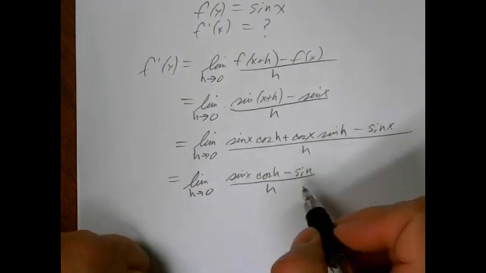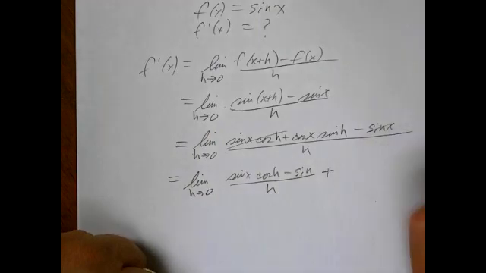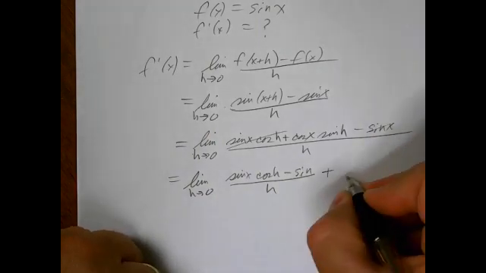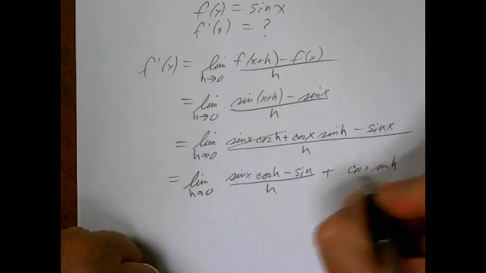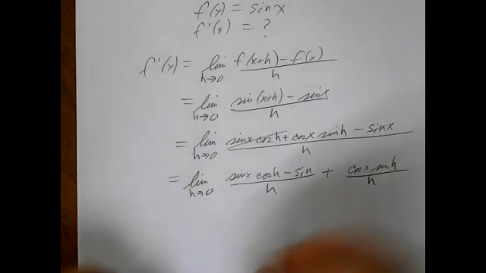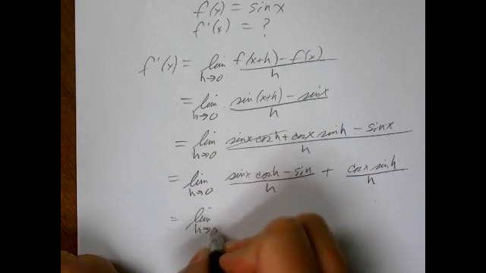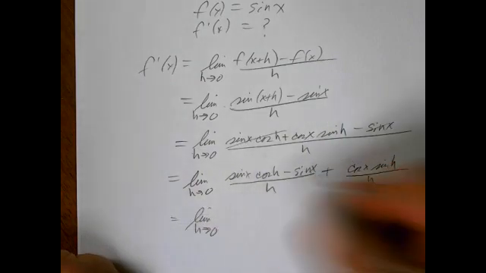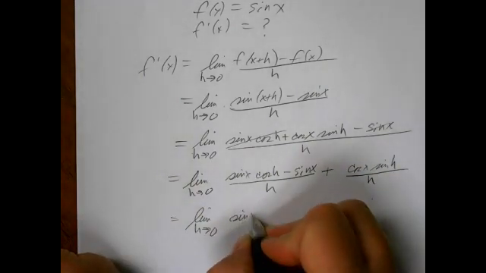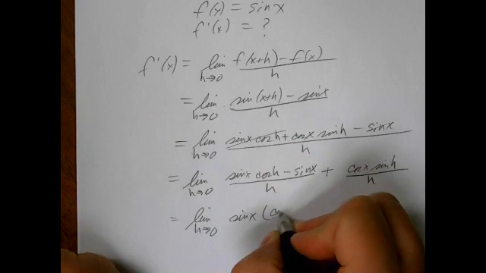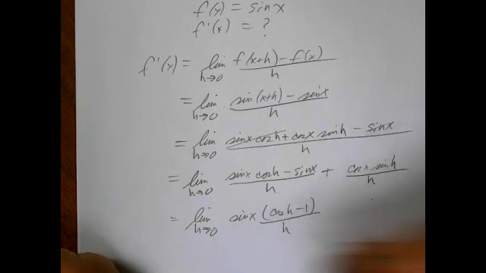So basically I've taken this term and that term and put it down here, plus the cosine of x sine of h over h. Right now here, sine of x, I've forgotten the x there. Now factor out, leaving me cosine of h minus 1 all over h, like so.